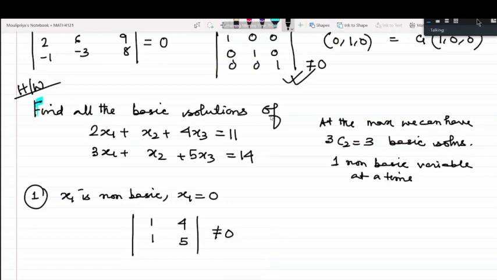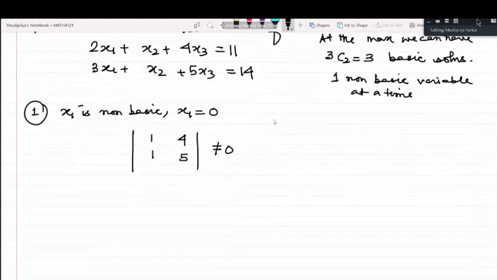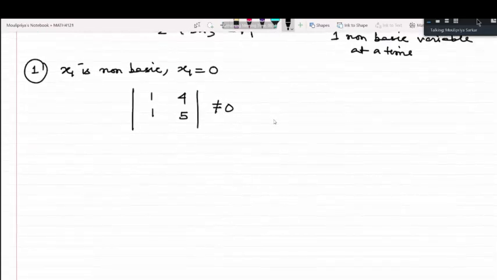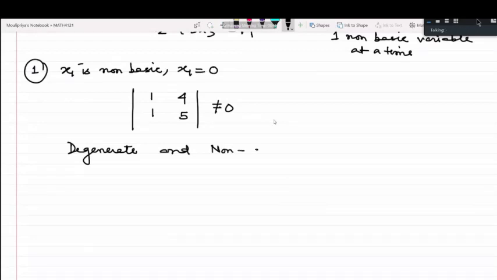Achha, fine. Prior to moving, I would like to tell you one more term that we generally use, which is degenerate and non-degenerate. What is degenerate?